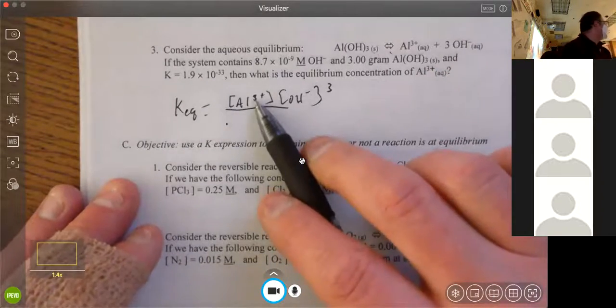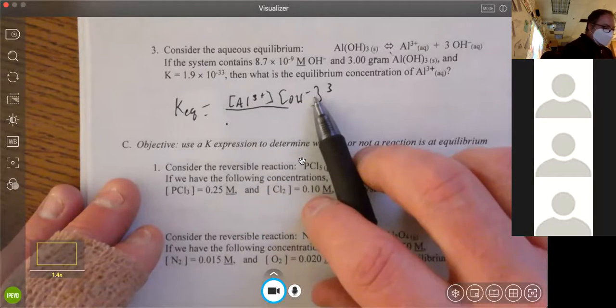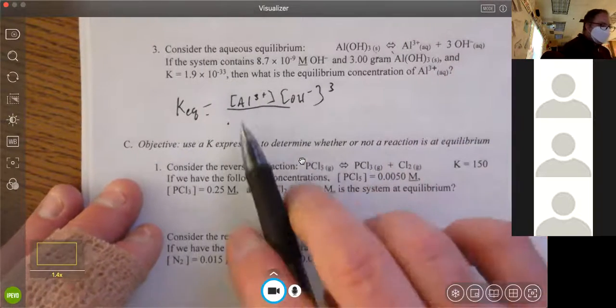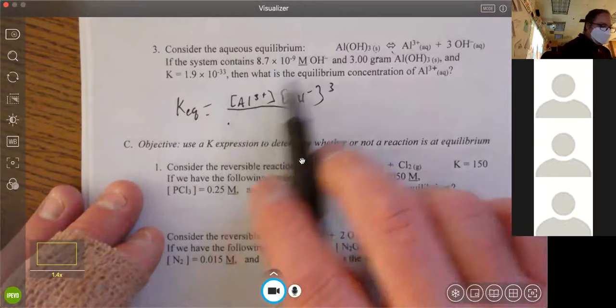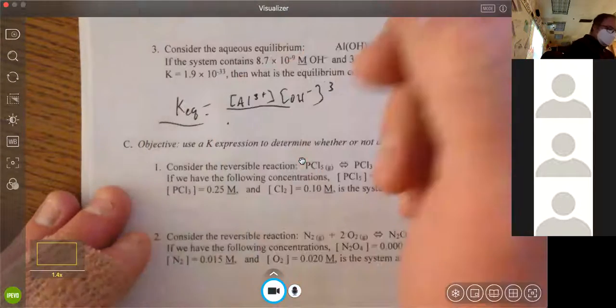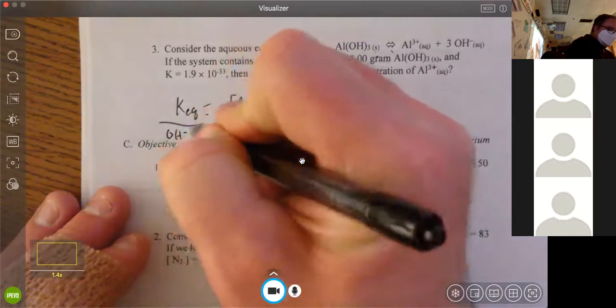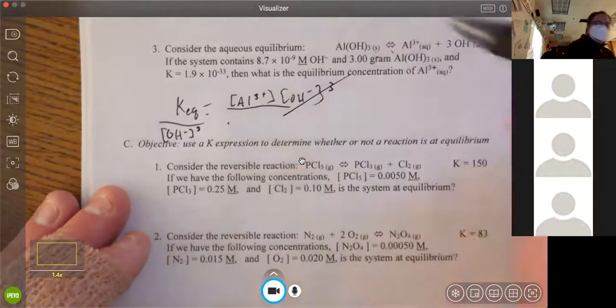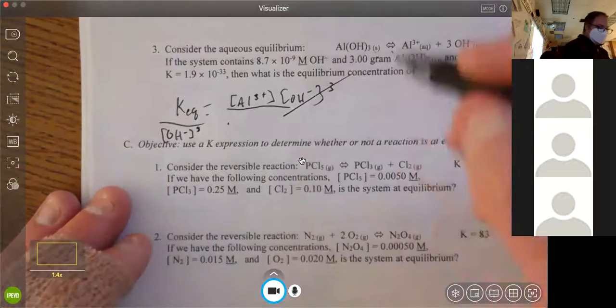Everything else is based off of these concentrations. So now I'm going to plug this in. I want to solve for the concentration of aluminum at equilibrium. So I'm going to divide both sides by OH negative cubed, and it will cancel out on that side.